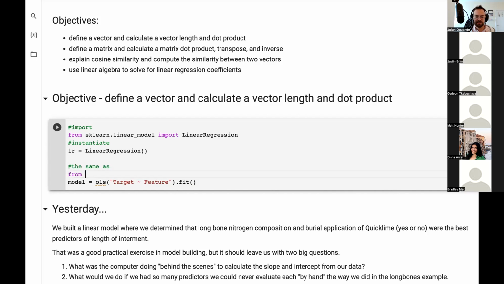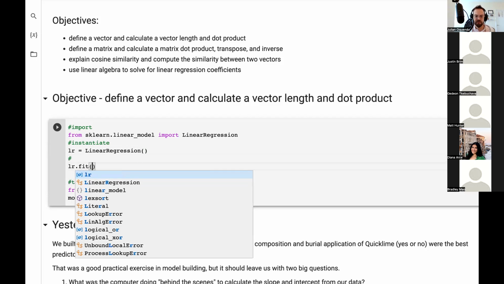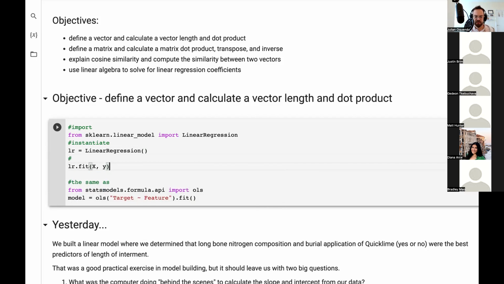In this case, it's from statsmodels formula API import OLS. So note this is your import. This is your instantiate and fit. So if I instantiate it up here, my fit is to call my LR model fit to the X, Y.